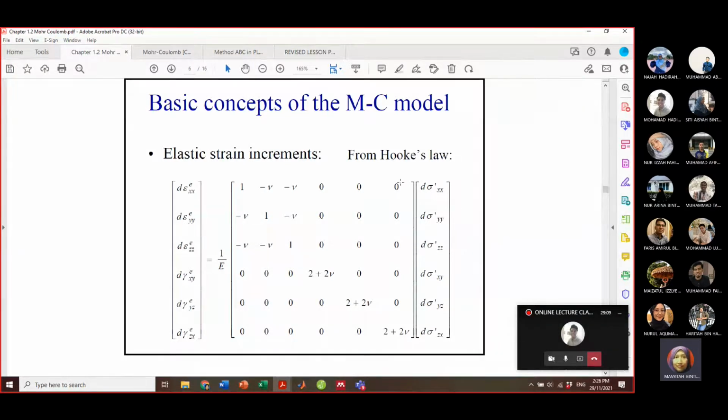This is what it says, that the strain increments are linear to the stress increments. So the relationship is connected by one coefficient, which we call the Hooke's law coefficient or the Young's modulus.